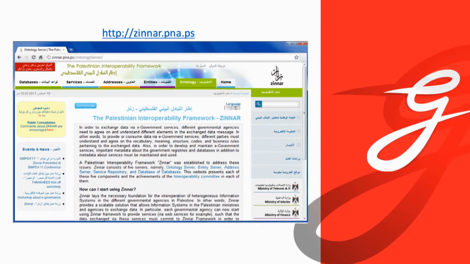In e-government, we talk about ministries and local governments, for example municipalities, banks that interoperate in a country among each other. There are different types of semantic interoperability frameworks built in the world. Myself, I was involved in building semantic interoperability for Palestine called Zinnar. If you look it up, zinnar.pna.ps.